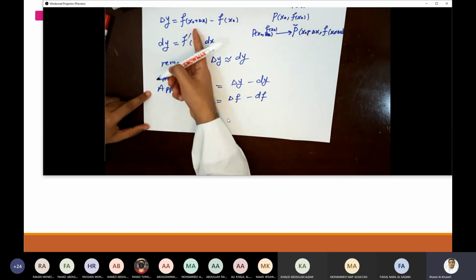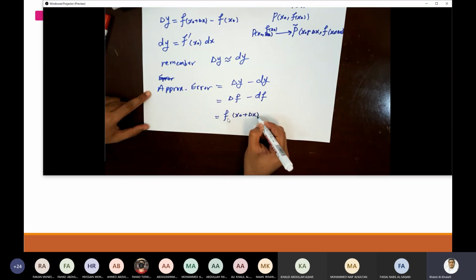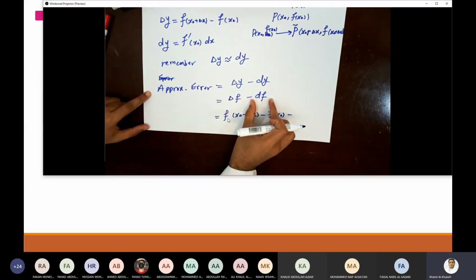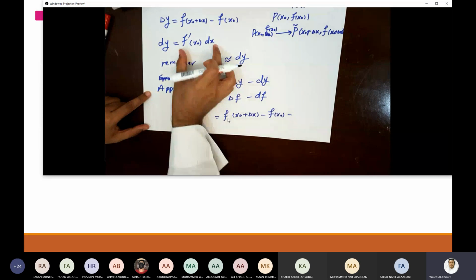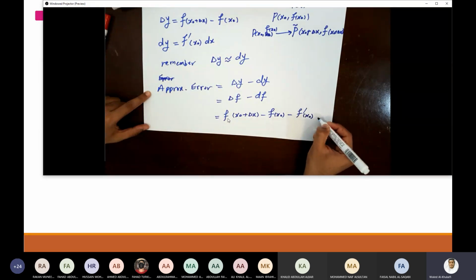It is this one. I just changed the notation: instead of y I put f. So now this is f of x0 plus delta x minus f of x0, minus df, the differential of f, which is f prime of x0 dx.